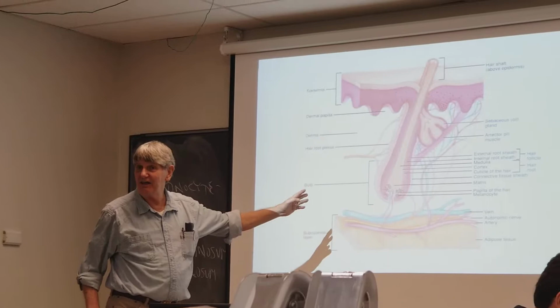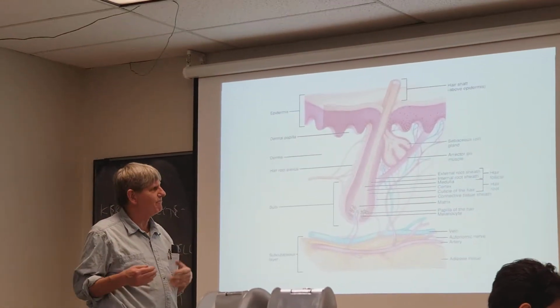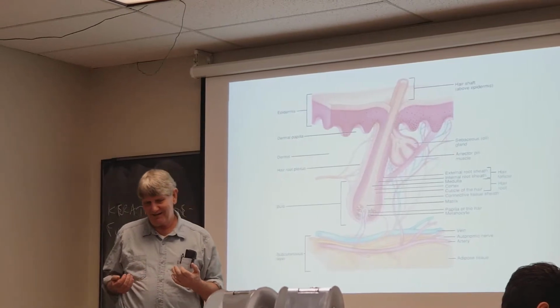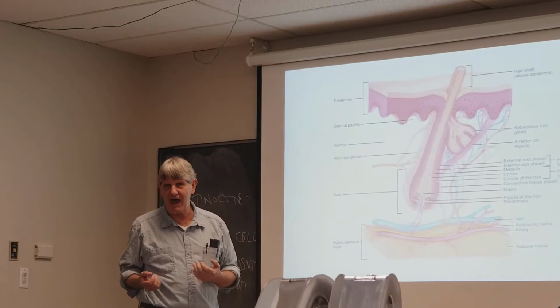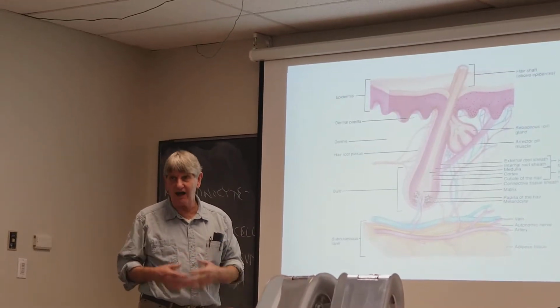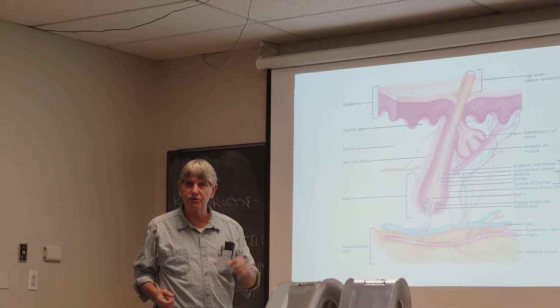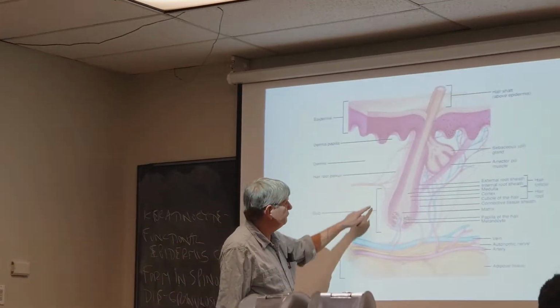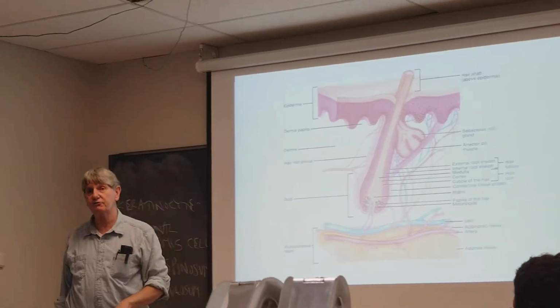All right, last thing let me mention, and this is one of the things that I find absolutely cool. Every single hair follicle that you have, and you've got thousands and thousands of these, has its own individual connection back to the nervous system. You see this little array of nerves right there? That's called a hair root plexus.